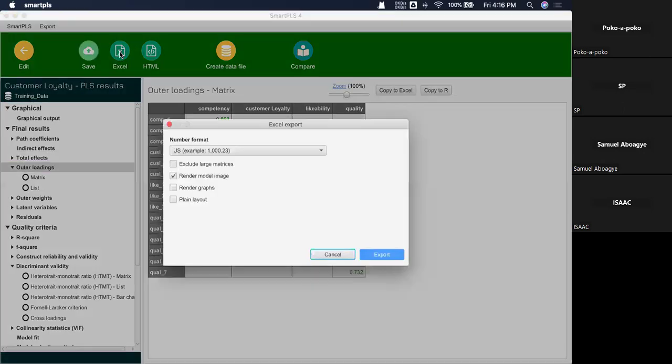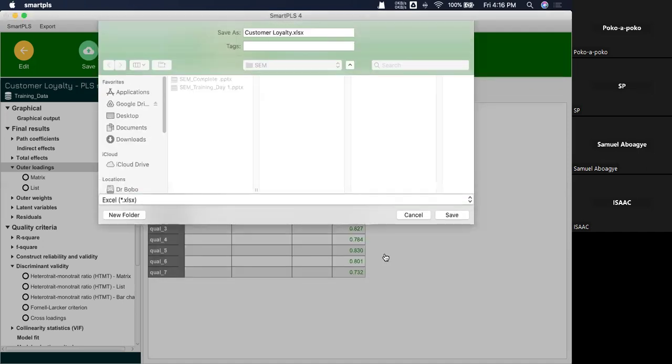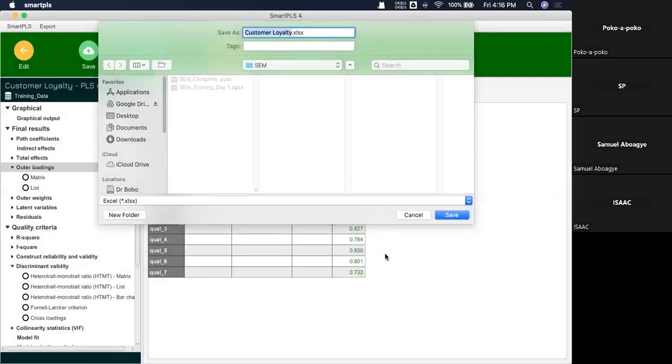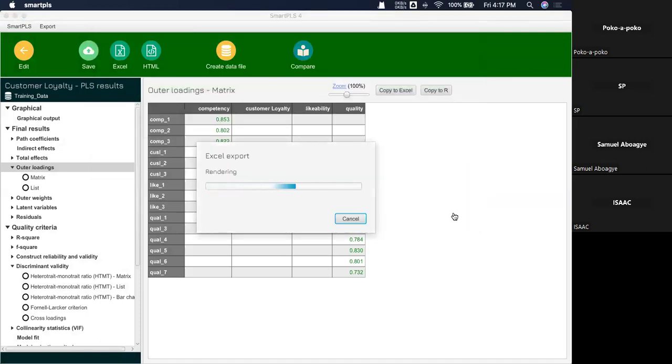So I'm just going to click. When you click it, it's going to show you the number format. Just leave it at the default setting and click export. And it's going to open a place for you to save. You can just save, and then it will render it and automatically save the output for you.